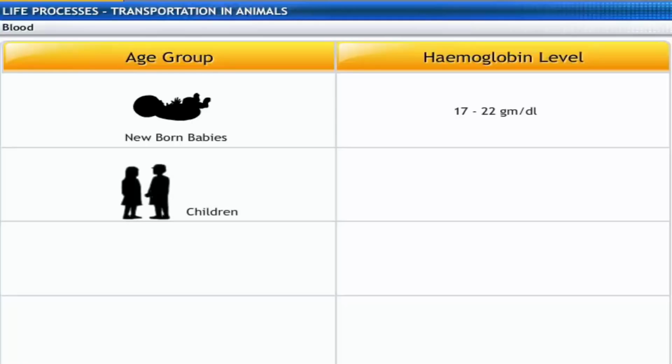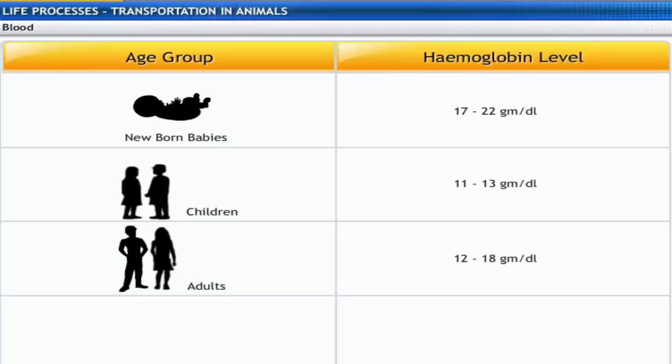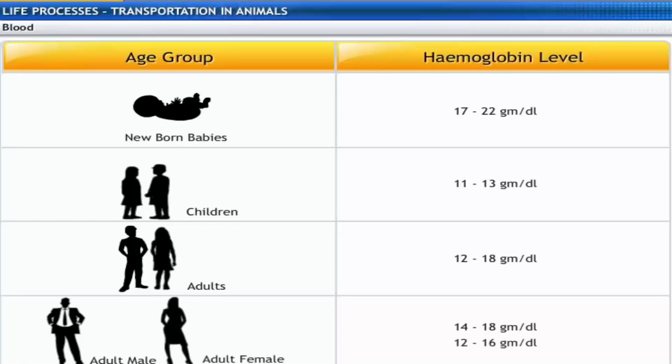For children, the normal range is between 11 and 13 gram per deciliter, and for adults, it is between 12 and 18 gram per deciliter. An adult male has a hemoglobin level between 14 and 18 gram per deciliter, and in adult women it is between 12 and 16 gram per deciliter.